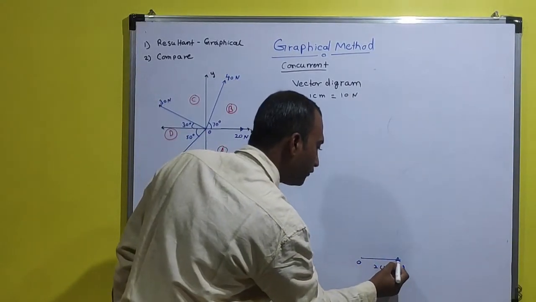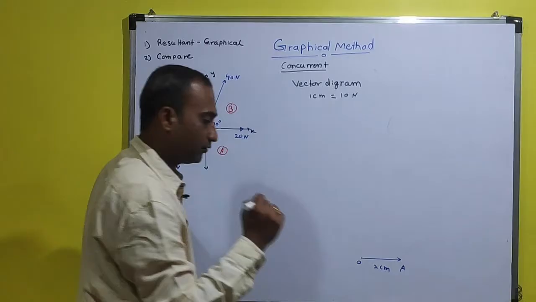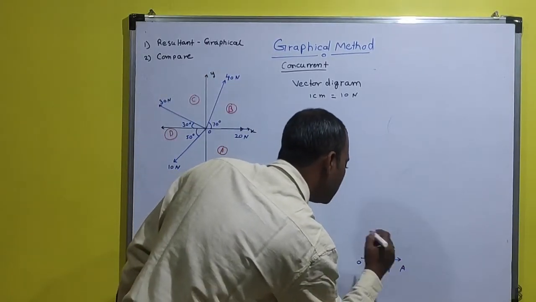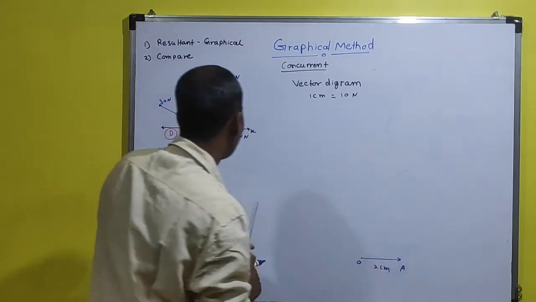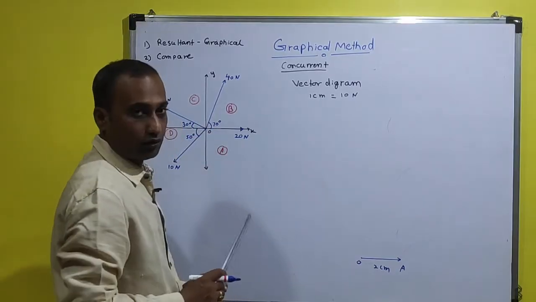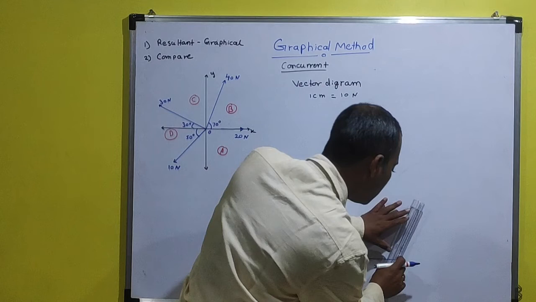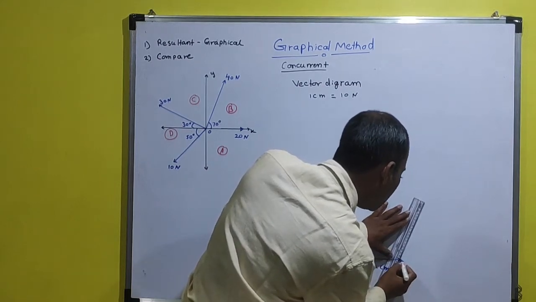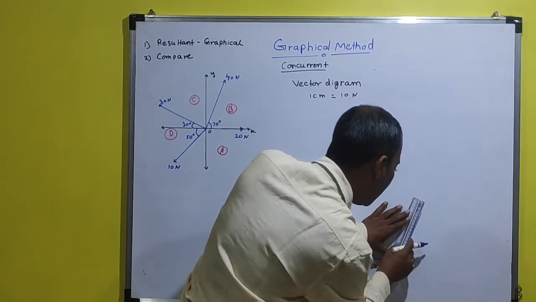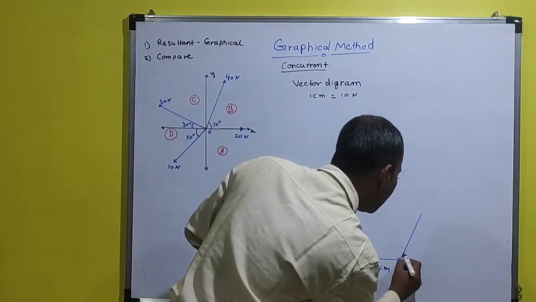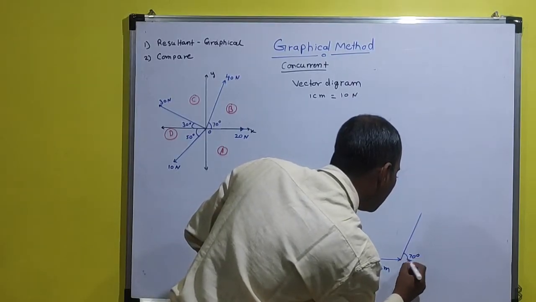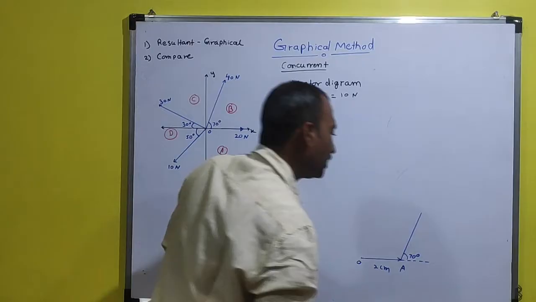So this is our first force of 20 Newton. Then we will draw the next force, that is 40 Newton at an angle of 70 degree. So here we have to draw the next force at an angle of 70 degree with the horizontal.